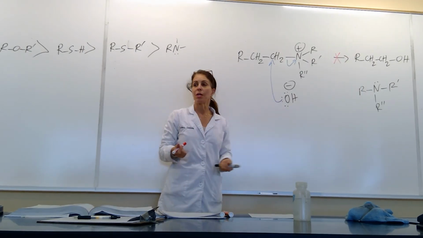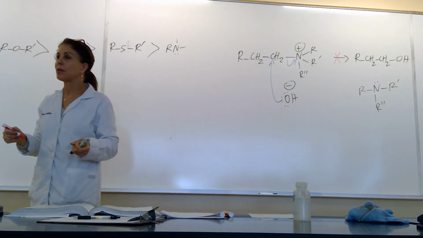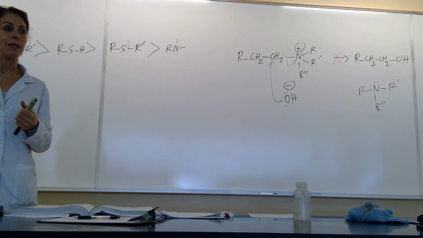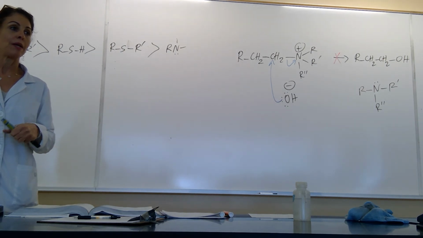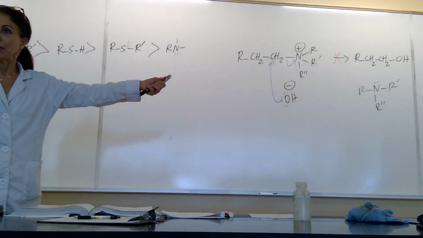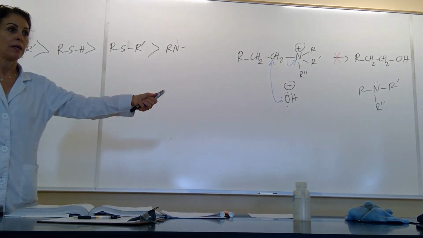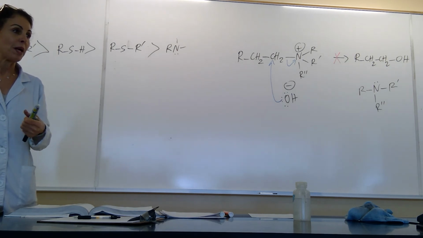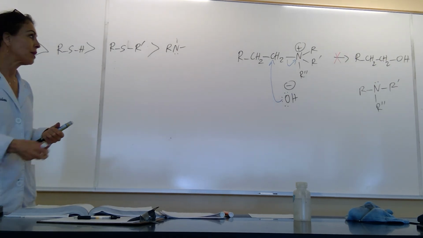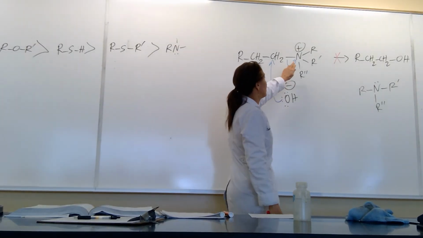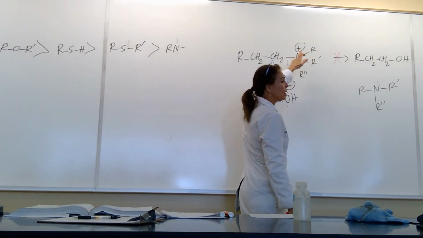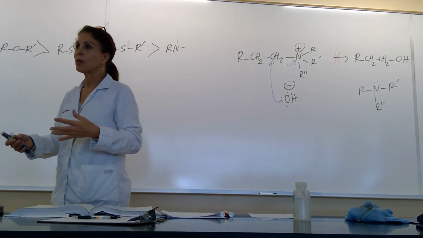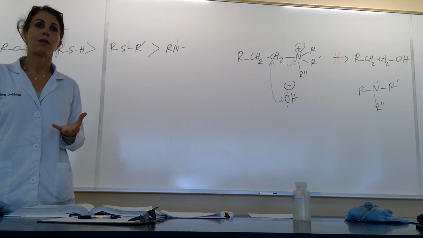Because the nitrogen, the more alkyl groups you add to it, the more you stabilize it. So a quaternary amine is more stable than a tertiary amine. Okay? So we're not going to look at which one is a stronger base because we can't compare base to base. All we're going to say is this has 4 alkyl groups, and the more alkyl groups you put, the more you stabilize the nitrogen.